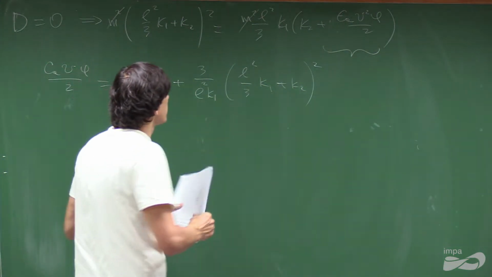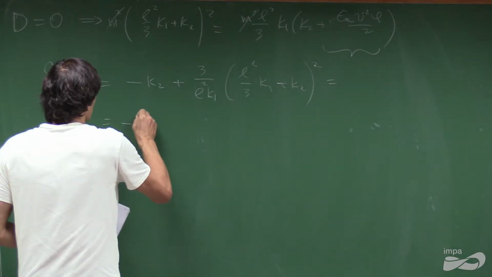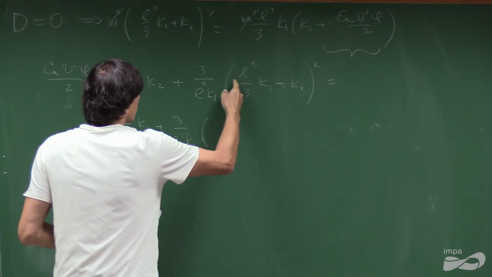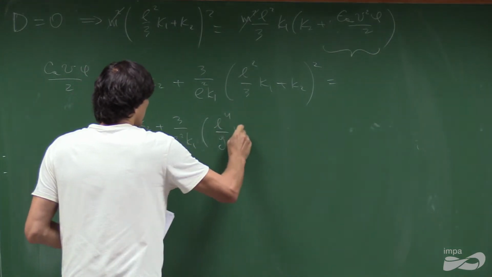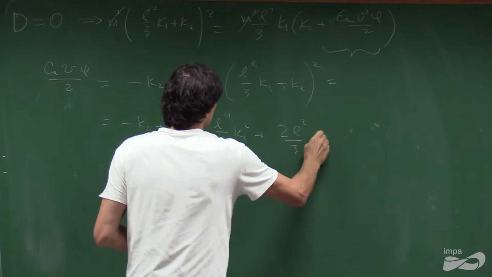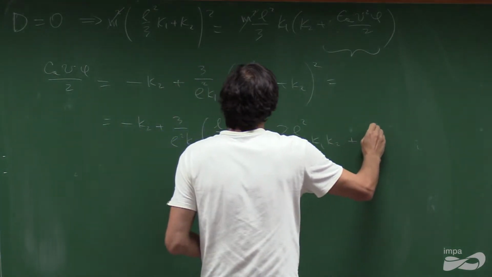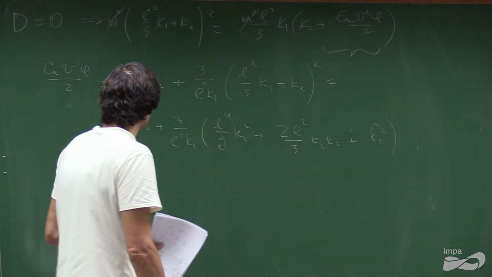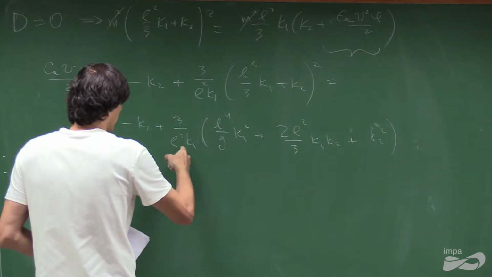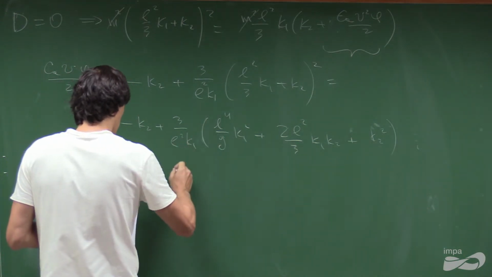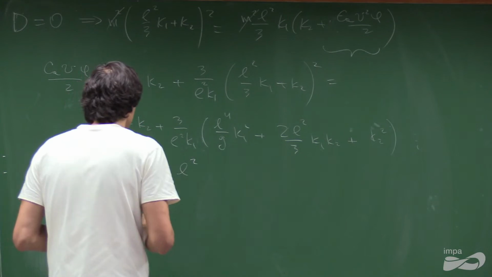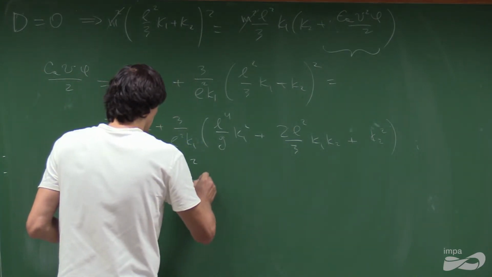Now we can open the square. It will be L4 over 9 K1 squared plus 2 L squared over 3 K2. Here L, this will give you L squared over 3 K1.